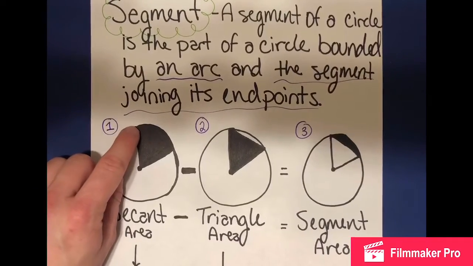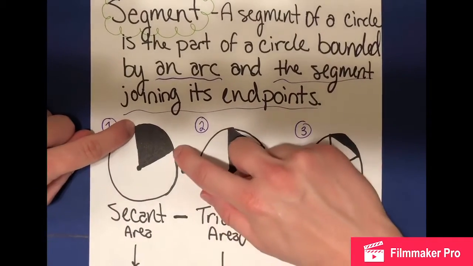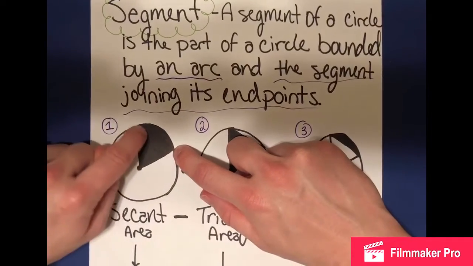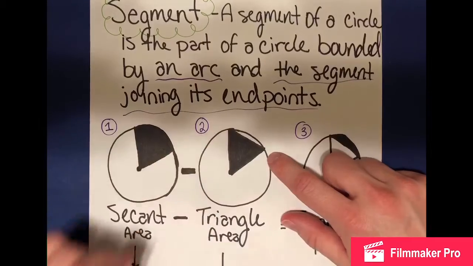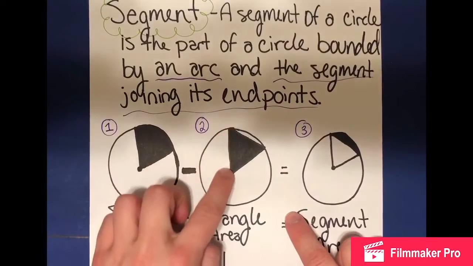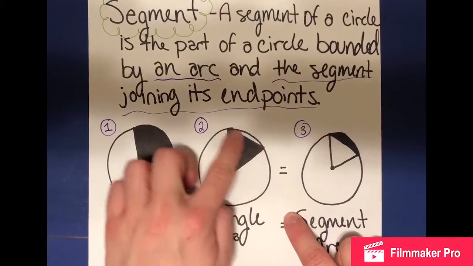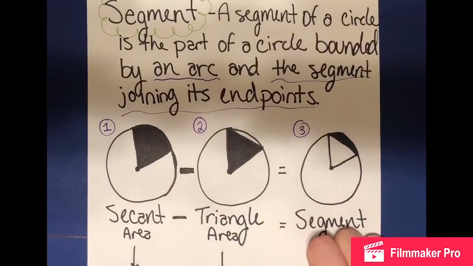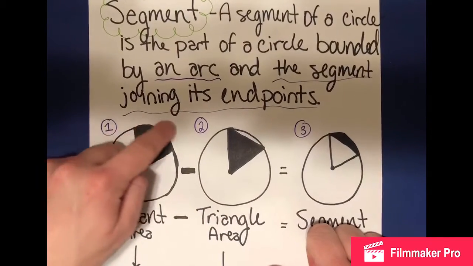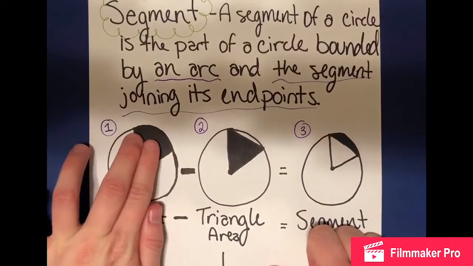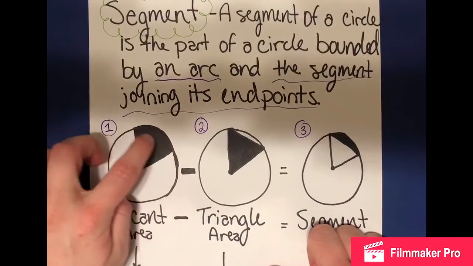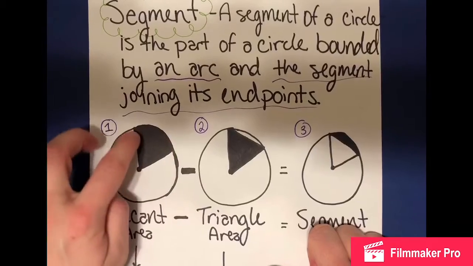Now, if I drew a line and connected this point and this point, we're going to get a line that goes right here, okay? So that creates a triangle inside of here. Now, if you look at the areas, the secant here, if I took this triangle and overlapped it here, it's covering all of here.